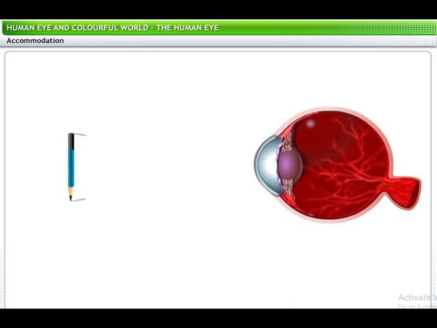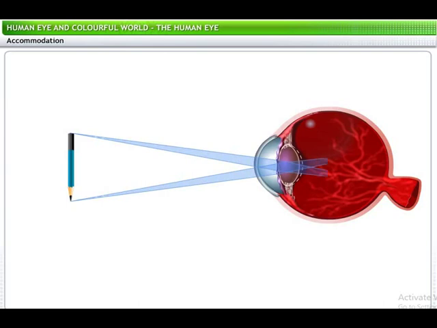For example, to focus on a distant object, the eye needs to increase the focal length of the lens. To do this, the thickness of the lens should be decreased. Conversely, to decrease the focal length, the thickness of the eye lens should be increased.